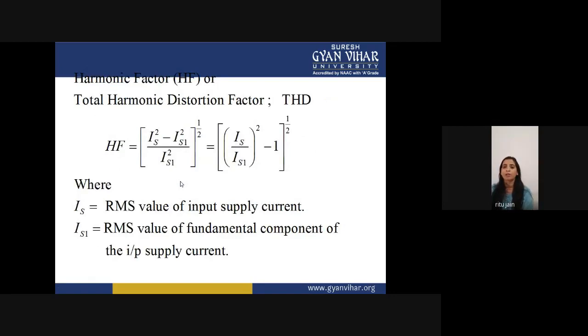The harmonic factor is the square root of (Is square minus Is1 square) upon Is1 square, which is the root of (Is upon Is1) square minus 1. Is is the RMS value of the input supply current, and Is1 is the RMS value of the fundamental component of the input supply current.